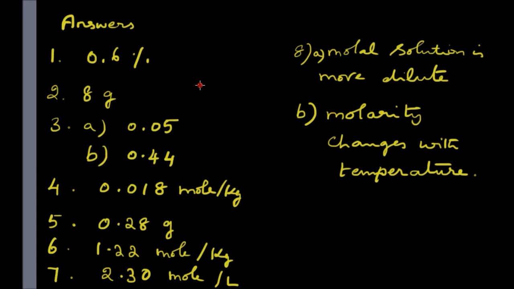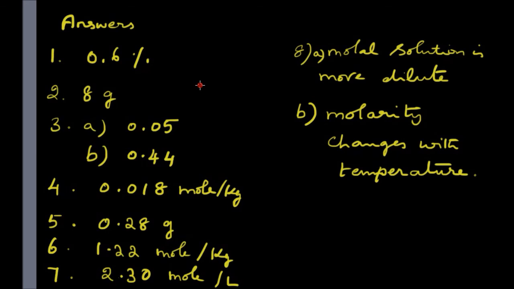And for the 8th question, for A part, a molal solution is more dilute. Even in the example that we took, 1 molar solution of sodium hydroxide has a molality of 0.96. That is less, isn't it? And also when I described to you how to prepare 1 molal solution and 1 molar solution, in the case of molal solution, you might have noticed that we take 1 mole of the solute and then add full 1 kilogram of solvent, whereas for molar we add solvent up to 1 liter of solution.